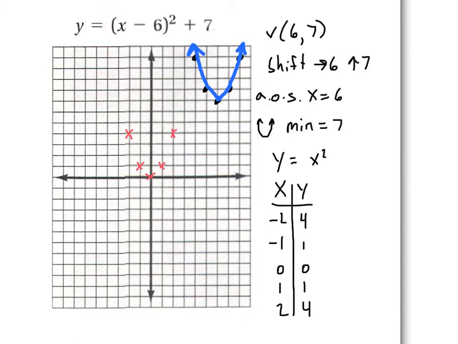Your A value is a +1, so we know it should be opening up. And then when we ignore the shift, that means we're plugging into y equals 1x squared. So this is what our t-chart should look like. And so I plotted those points, little x's, and everything has to be shifted to the right 6 and up 7. Okay?